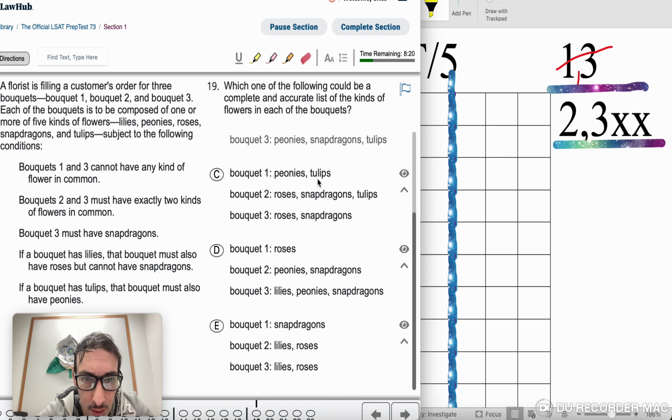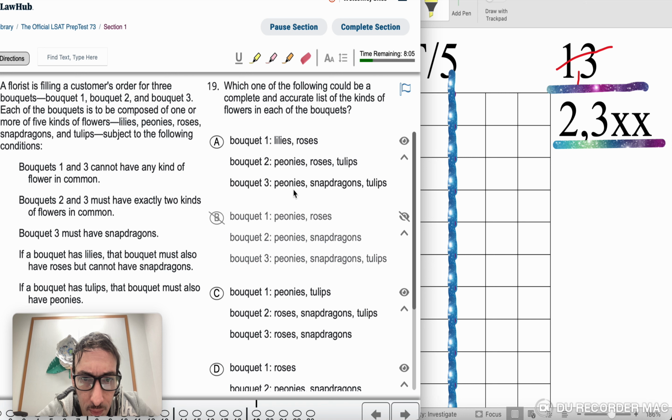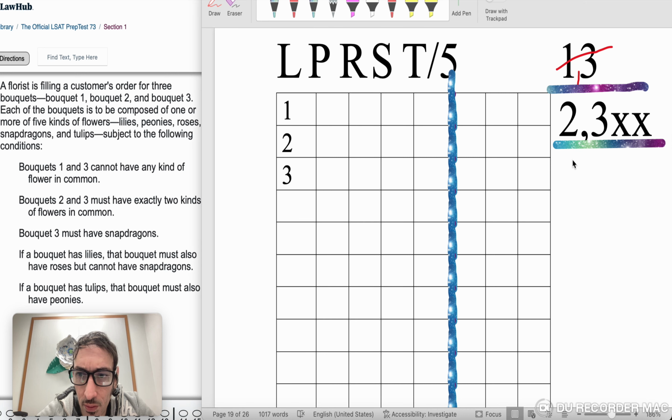Choice C is good as well. Choice D is good as well. Choice E. So to my understanding, 2 and 3 need to have 2 in common, and it seems like they all follow the order. So let's see if we can find another condition.